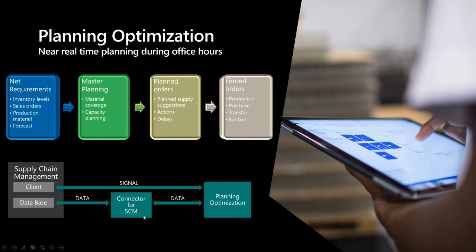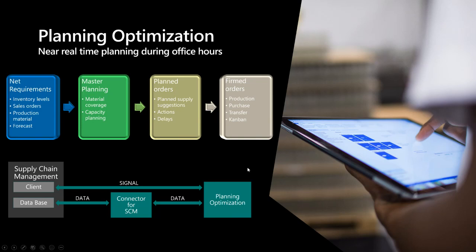It asks the connector to get that data in the database, and the data flows back in the same direction here. Now the planning optimization finishes all the calculations and sends the result back. And once it's all loaded up in the database in terms of planned orders and delays and what have you, you will get the signal back to the client that the plan has completed. So from a user point of view, when triggering the plan, you would see no difference except that it's a lot faster and a bit simpler to run. I'll get back to that later.